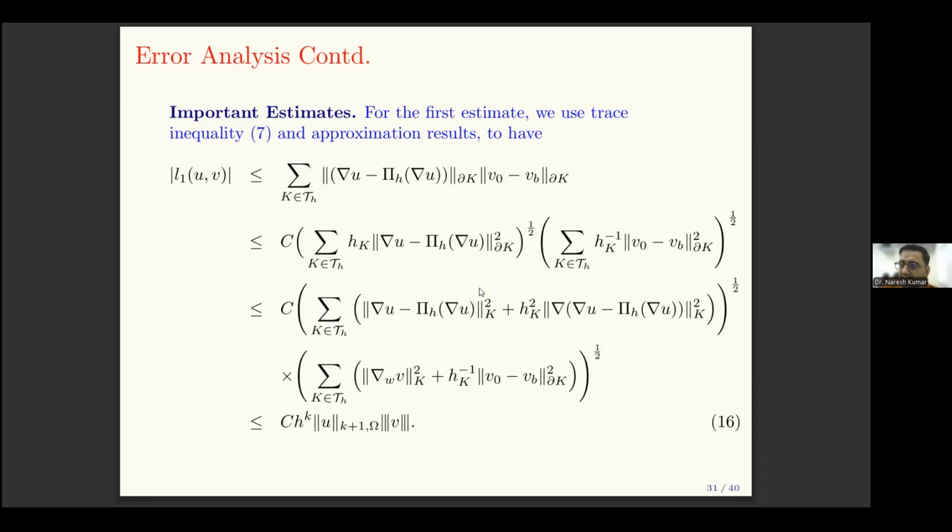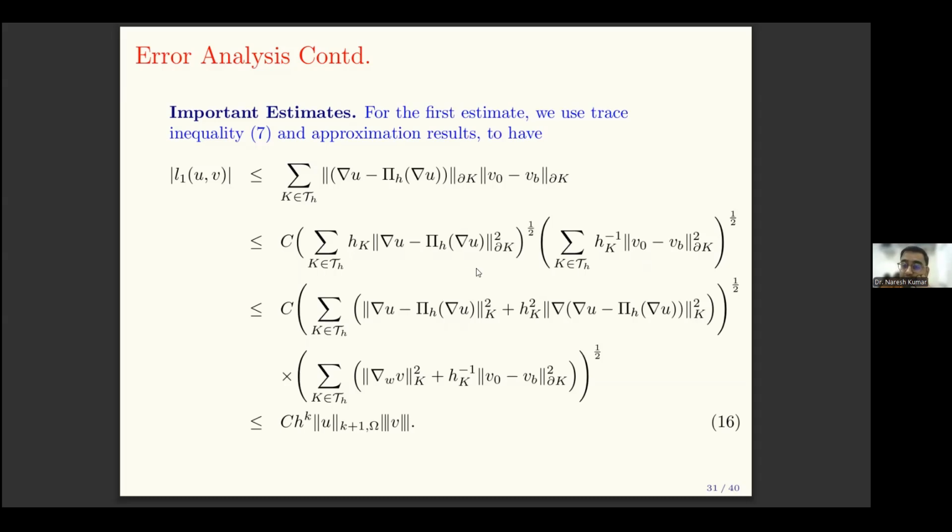Now what is the result that can help to bring the boundary norm to the interior or element norm? In the first step we used the Cauchy-Schwarz inequality, but from the first step to the second step we are using the trace inequality, because the trace inequality helps you bring this boundary norm to the interior norm, multiplied by some mesh size like h_K or h_K inverse.